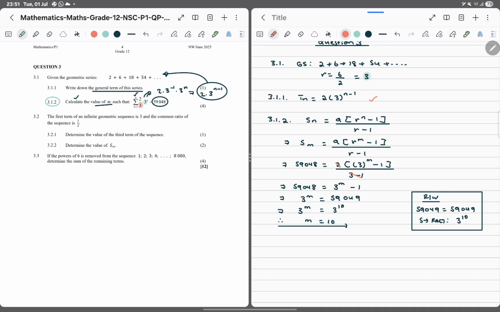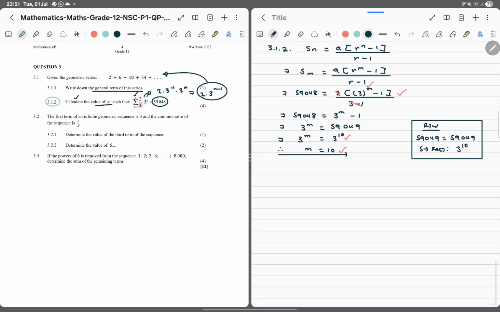So essentially, guys, we can say here substitutions, and knowing that the number of terms is m is good. Changing this into the exponential form is also a key step, and our answer. So those are the 4 marks on offer there.